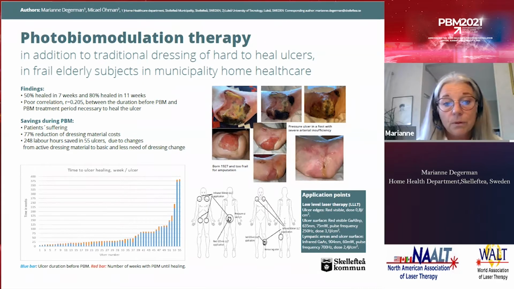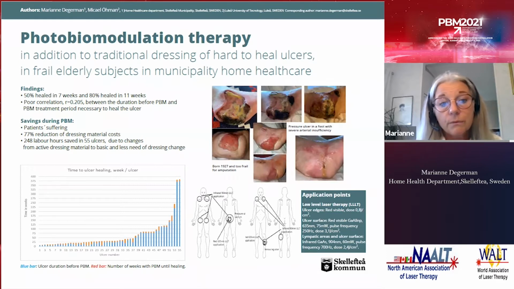We found a poor correlation between the ulcer duration before PBM and the PBM treatment period necessary to heal the ulcer. This is a very important finding, as the accepted view in traditional ulcer treatment is that the longer the ulcer duration, the less probability of healing, which this speaks against.